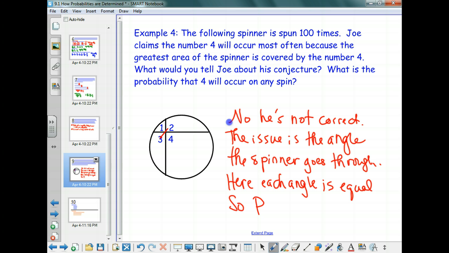So the probability of the number 4, which we can write with this notation that we've been using, is actually 1/4, because there are 4 different areas on this diagram and they have the same angle that the spinner goes through. Any question on that?